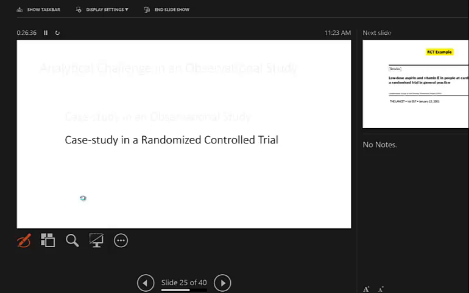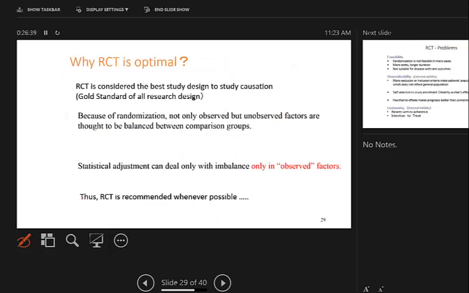So RCT is good because it preserves not only measured confounders, it also protects against the problem from unmeasured confounding. Okay. So by randomizing patients, you don't have to actually measure everything, because by the randomization principle, we know even for unmeasured factors, randomization preserves balance between two groups. Okay. So that's the beauty of randomization. Statistical adjustment works only on measured confounding, but not unmeasured confounding.